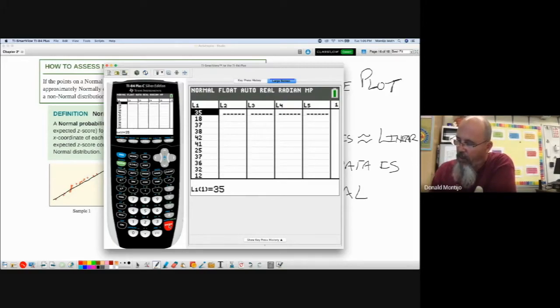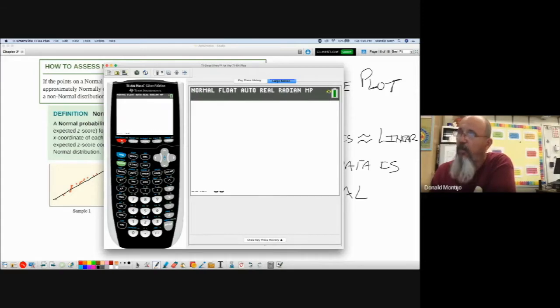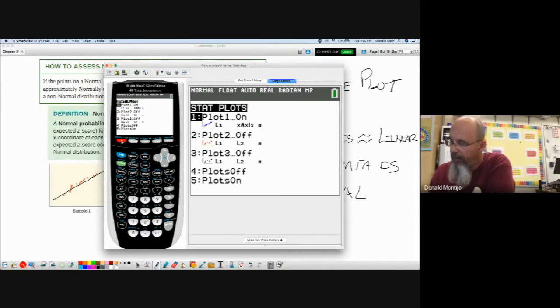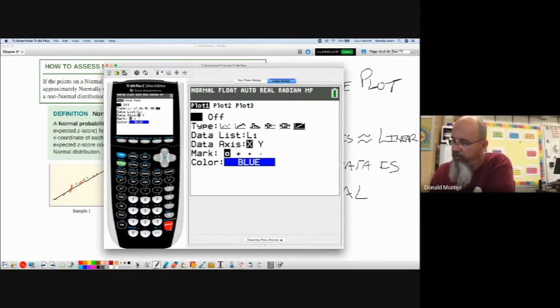So after adding all this data, we're going to go in again to second y equals, which is our stat plots. We're going to go into plot 1, and we're going to tell it to turn on. The one that's highlighted is the one that's going to do it. And we want to use the data in list one. Now we're just simply going to tell it graph.